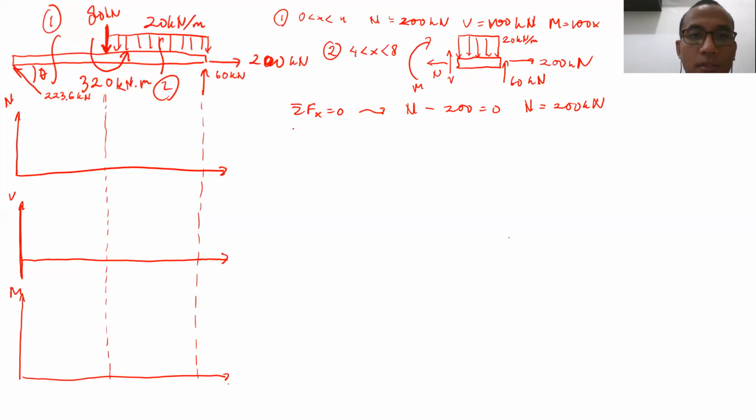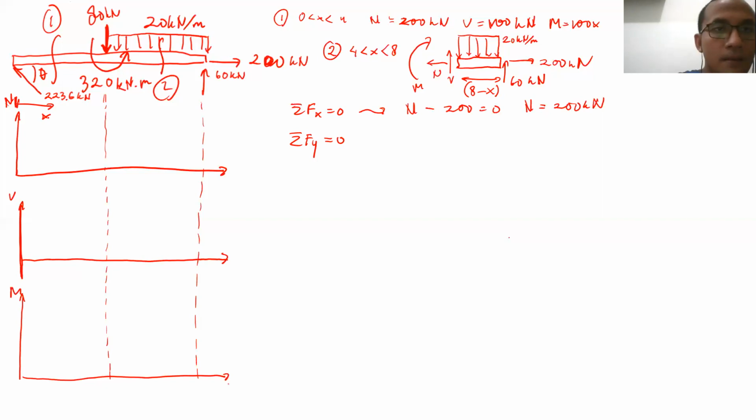Then, using sigma Fy equal to 0, there are 3 vertical components there. V, 60 kilonewton going up, both going up, and 20 kilonewton per meter going down. And I need to give information about the distance here, because x is the distance from the left edge to the cutting. That's why the distance here is supposed to be 8 minus x. Why is it like that? Because remember, x is the distance from the left edge.